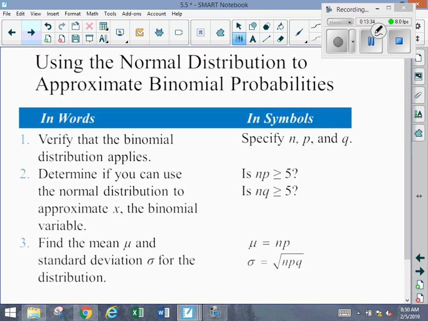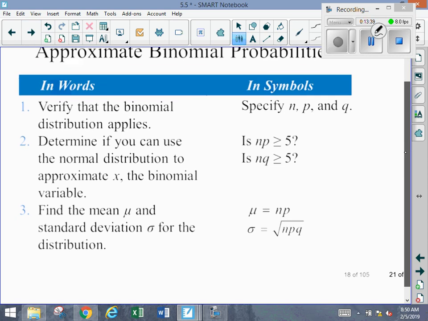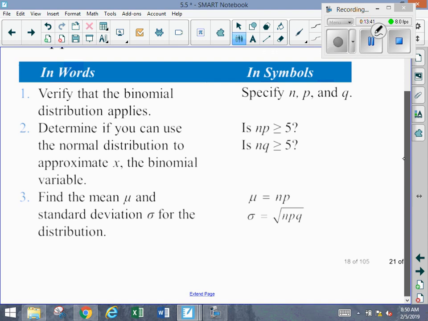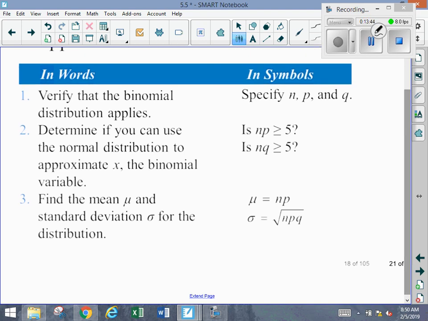So here we go. We're going to use a normal distribution to approximate binomial probabilities. First thing we got to do is see that we have an N, P, and Q. Does the binomial distribution apply? We can check BINS: is the situation either a success or a failure? Is each trial independent? Is there a set number of trials? And here's the probability of success.